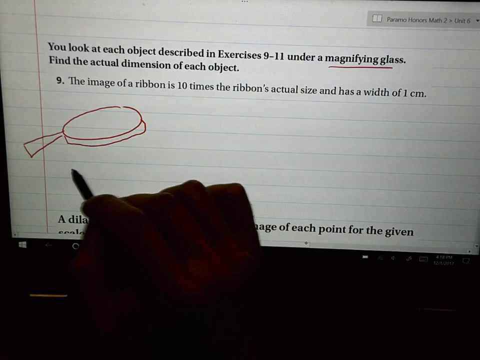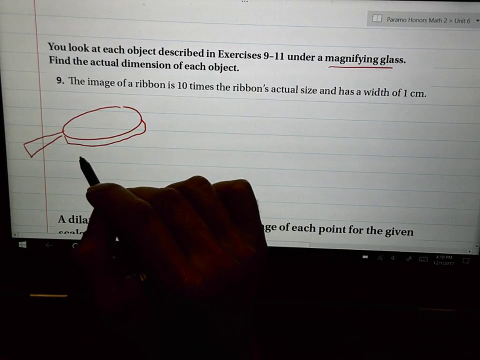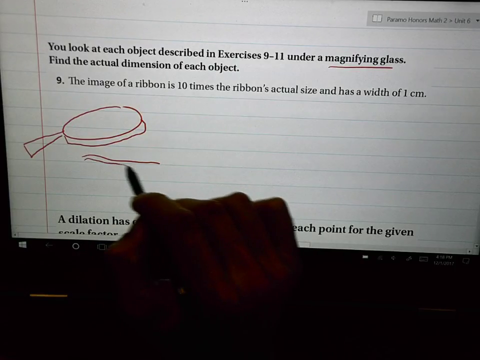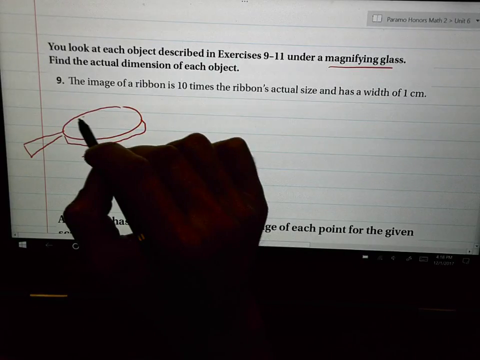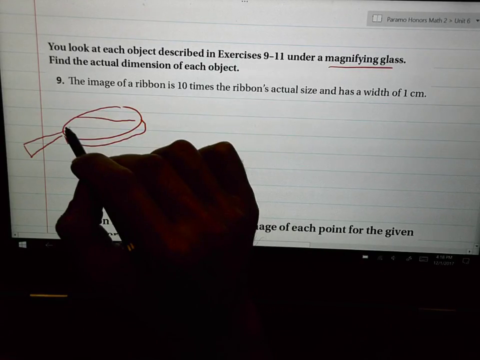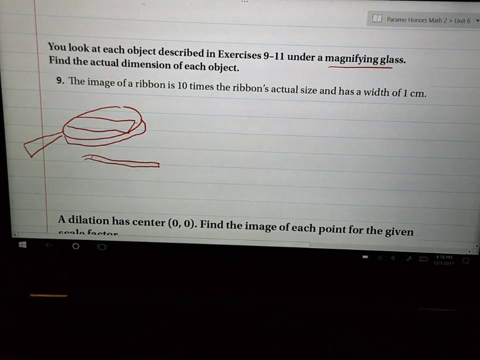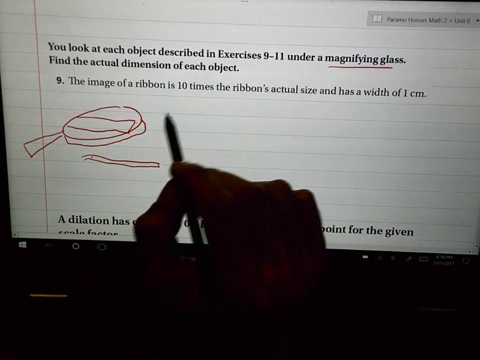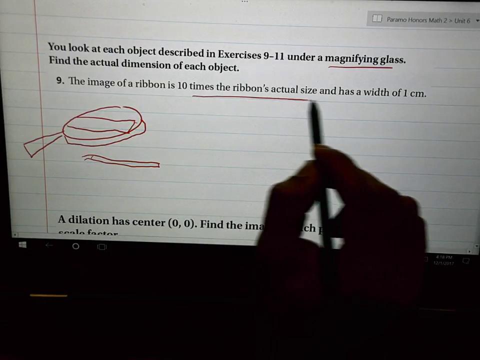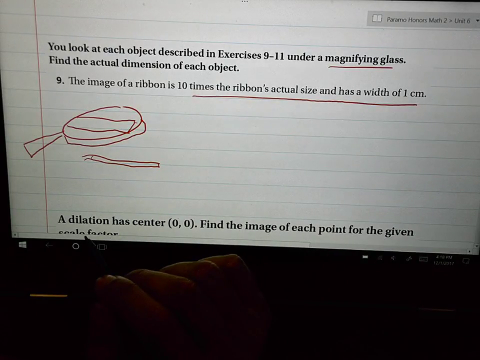There's a ribbon down here. But up here you see something like that. And the image is 10 times the ribbon's actual size and has a width of 1 centimeter.